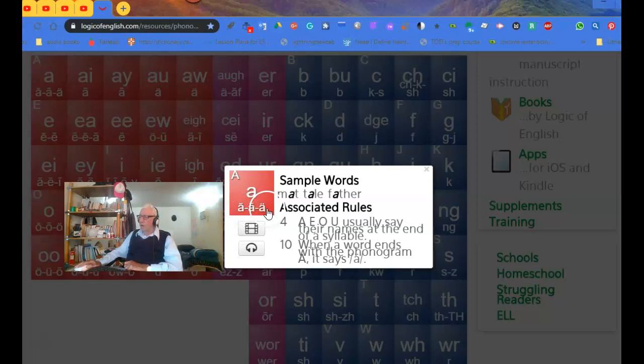We've got to learn those symbols. The short symbol is going to be the short sound. The long one is going to be the long sound, which is the sound and the name of the letter itself. And this is going to be, I forget exactly what they call that, the two sounds.